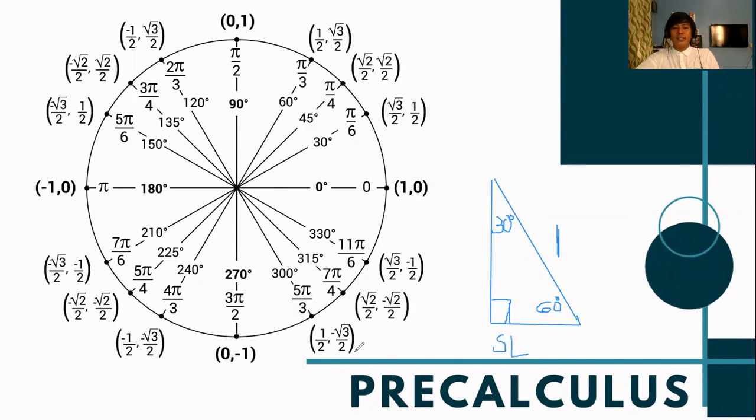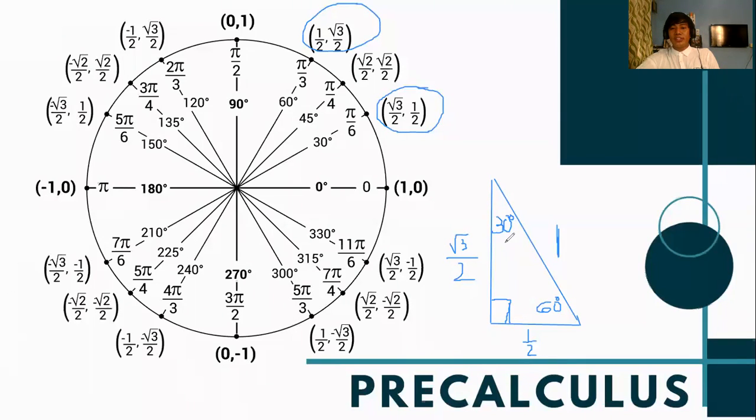The shorter leg is 1/2 of the hypotenuse, right? And to get the longer leg, LL, we simply multiply it by the square root of 3. So 1/2 times the square root of 3 is the square root of 3 over 2. So this is how we get this angle.